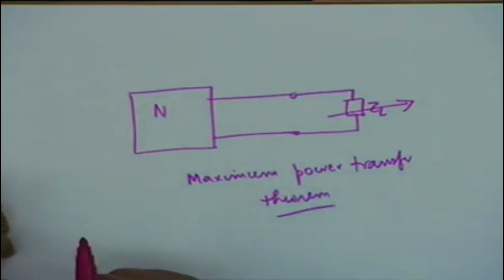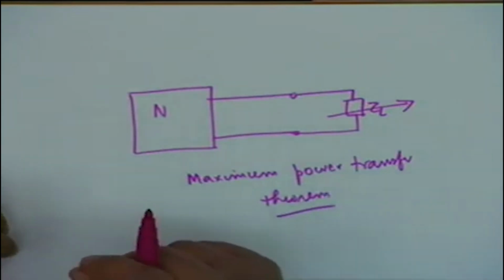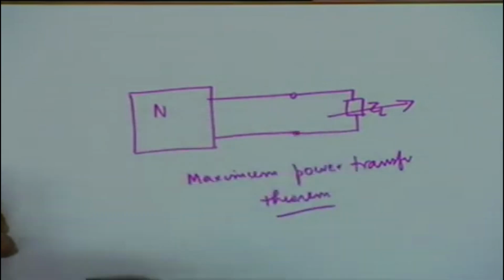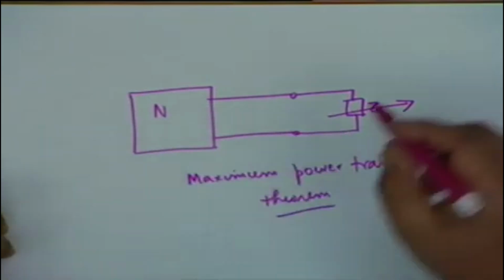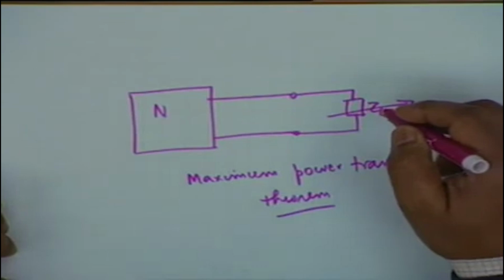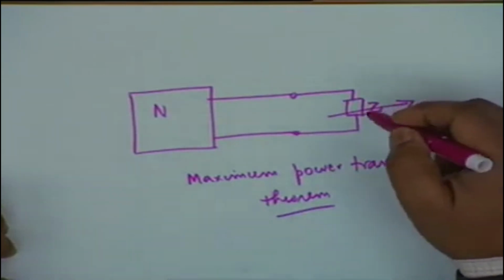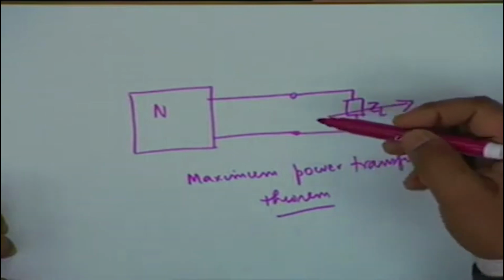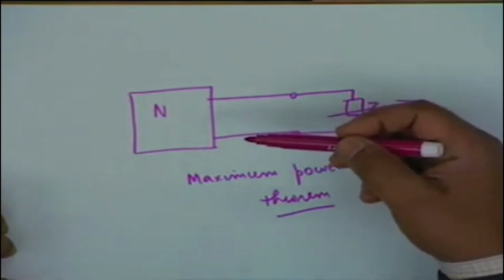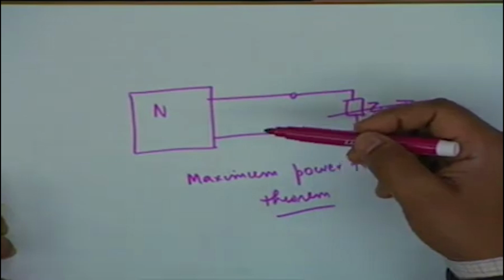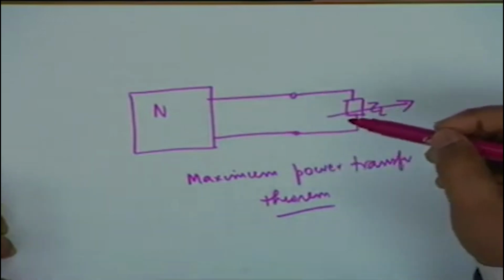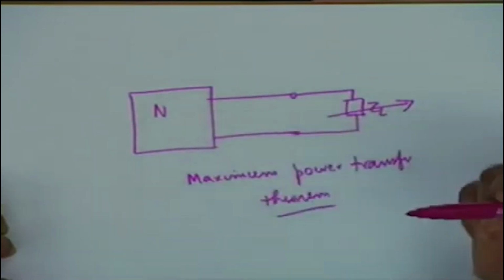It is very easy to show that if the network is resistive, then the load should also be purely resistive and equal to the Thevenin equivalent resistance of the network. This is the condition for maximum power transfer if capital N is resistive.